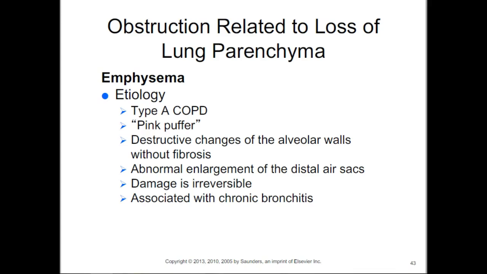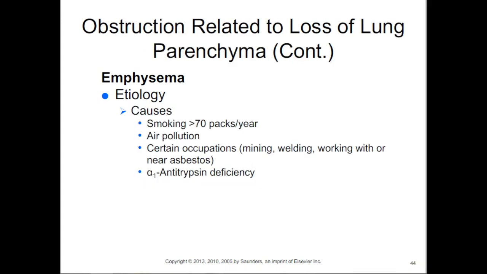Right? It also could be genetic. All right? So emphysema is mostly caused by people who are smokers, right? Or are exposed to high pollution. And that even could be in certain occupations like mining, welding, or working with or near asbestos.